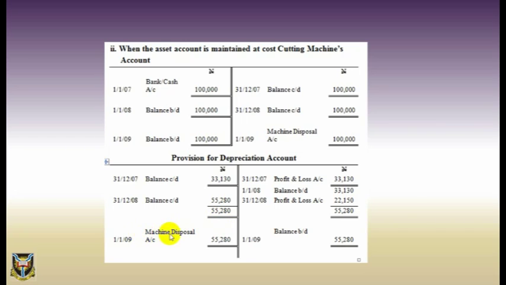1/1/2009 machine disposal A/C 55,280. 31/12/2007 profit and loss account 33,130. 1/1/2008 balance B/D 33,130. 31/12/2008 profit and loss account 22,150.